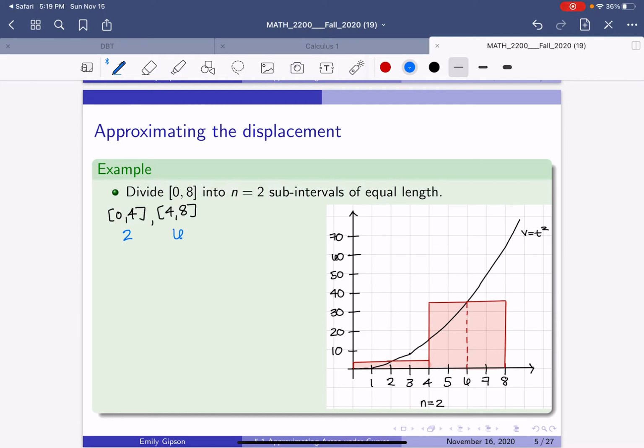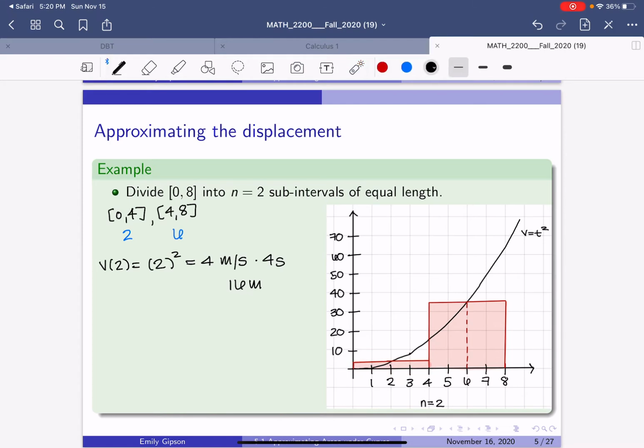So when t equals 2, we want to measure that. v equals t squared. 2 times 2 equals 4. Now that is going to be the rate at which we traveled, so meters per second. And we know the width, which is 4 seconds. So we get 16 meters is what we traveled. That's the area of this very first red block.